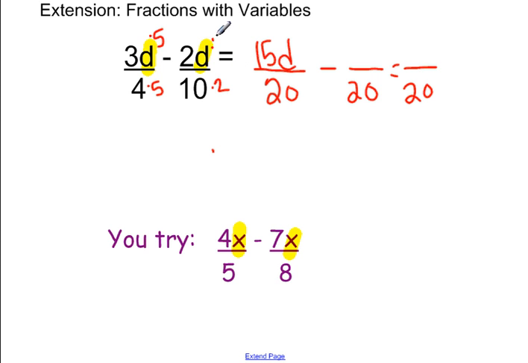I'm going to do that same thing on the top. 2 times 2 is 4, with that d on it. 2d times 2 is 4d. And then I just do this subtraction. If I had 15 diamonds and I subtracted 4 diamonds, I'd be left with 11 diamonds.